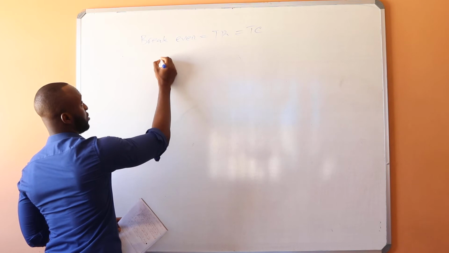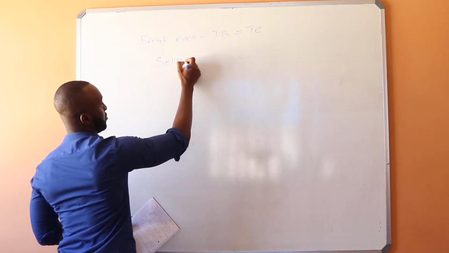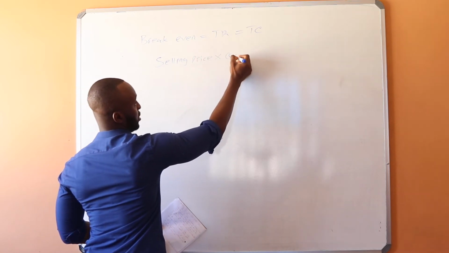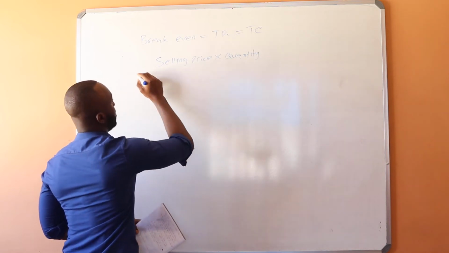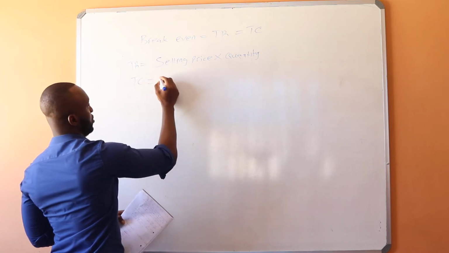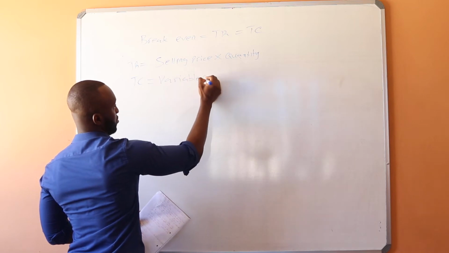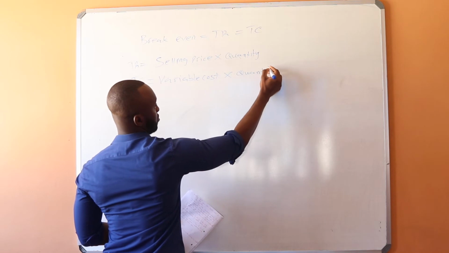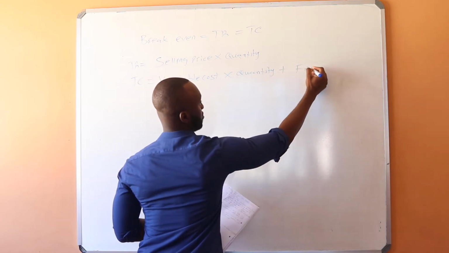Total revenue is simply the selling price multiplied by quantity of units sold, and the total cost is equal to variable cost multiplied by quantity plus the fixed cost.